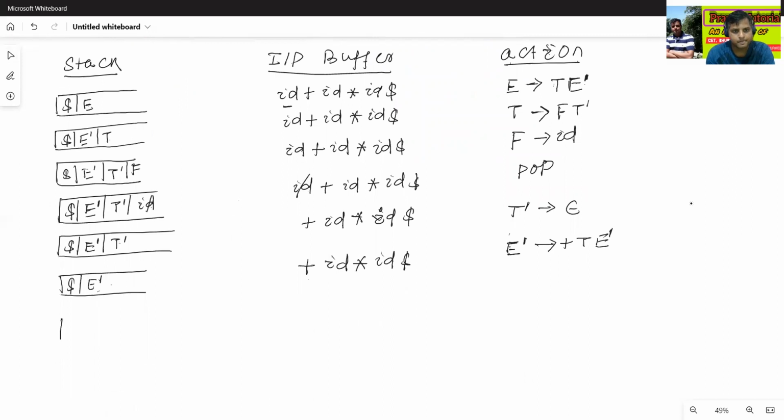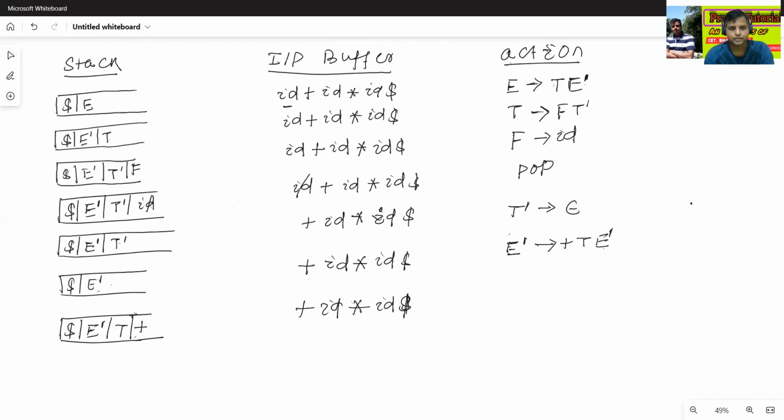So dollar, E prime, T, plus. The input is plus ID star ID dollar.